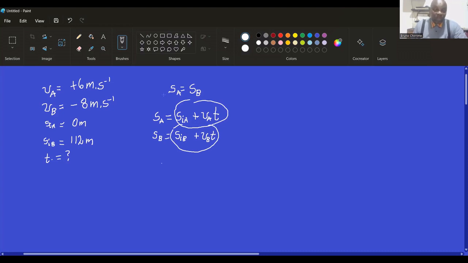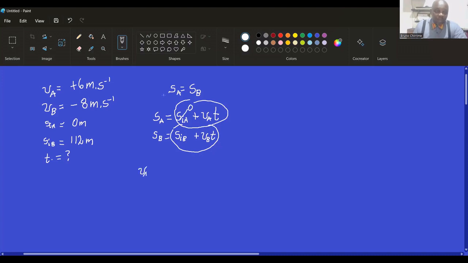So we leave that out in order to avoid confusion. Let's just start with the velocity of A multiplied by time, which should be equal to the initial position of cyclist B, which is S sub I B, plus the velocity of cyclist B times time.